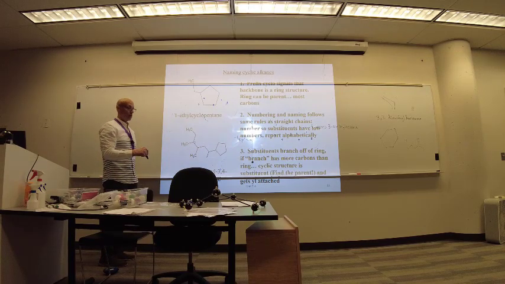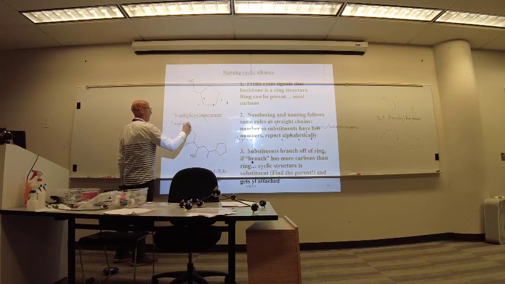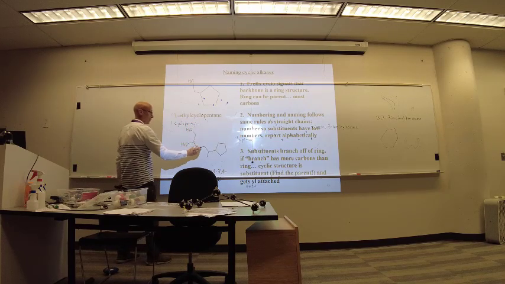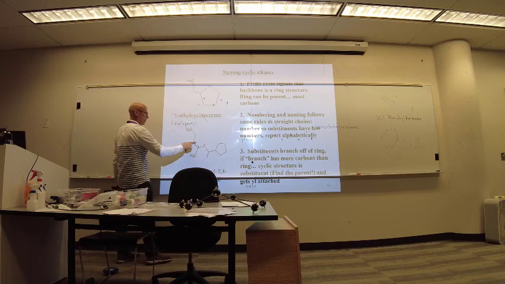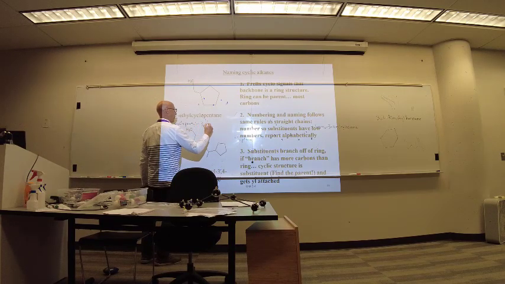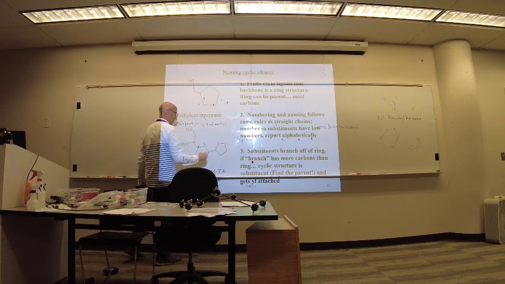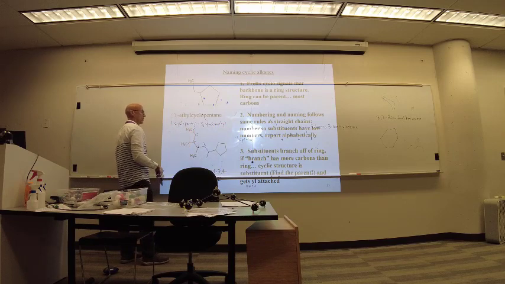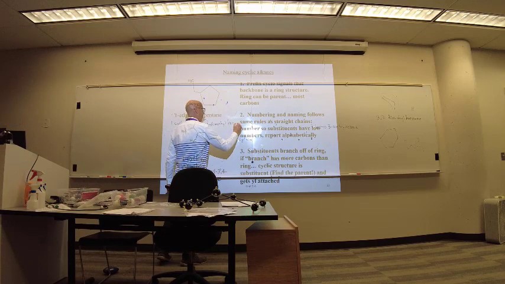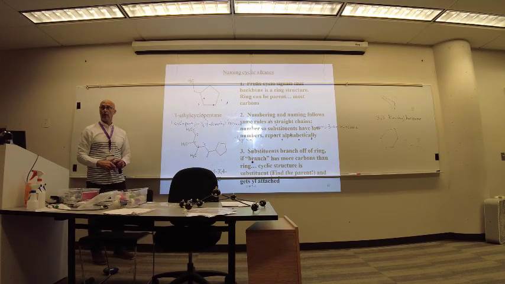Okay, so it's called 1 cyclopentyl, 3, 4 dimethyl, and then what's the chain called? Hexane. But isn't a cyclopentyl just the 5 structure itself?